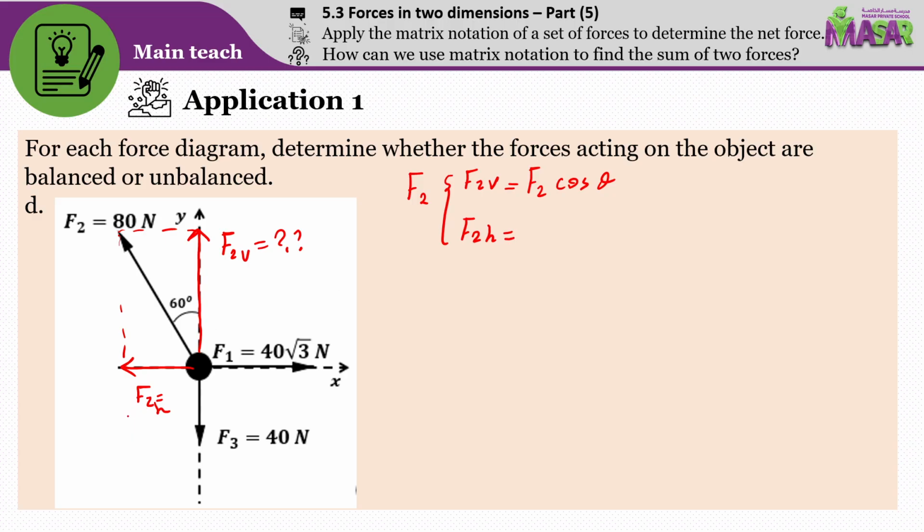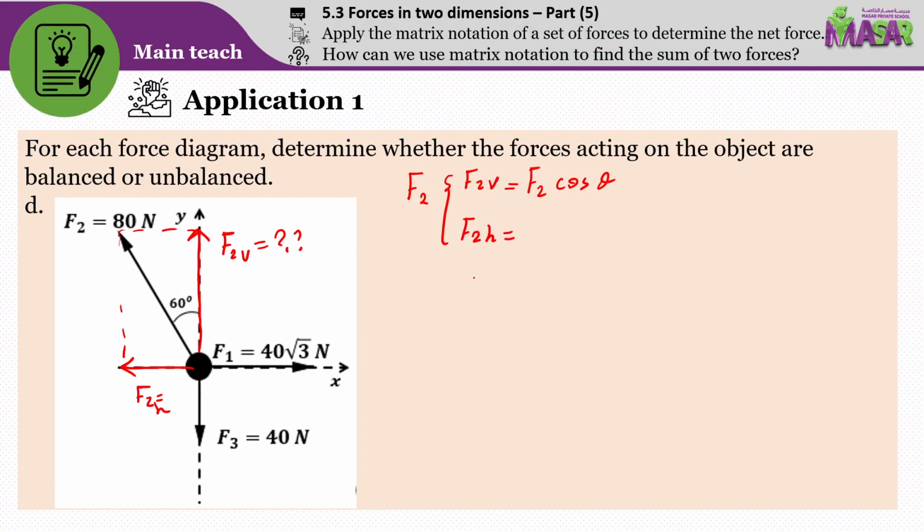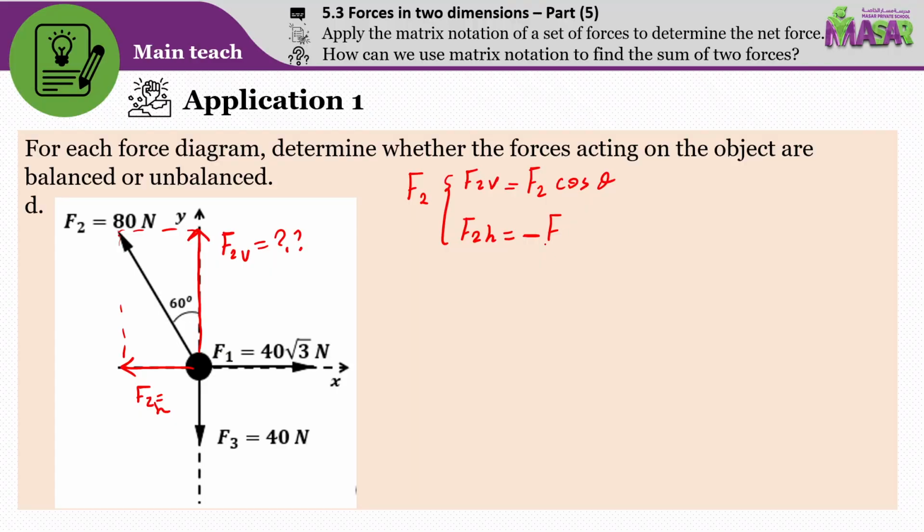Now, for the horizontal component, the direction is to the left, which means we need to add the minus sign. And since we applied the cosine for F2V, now we can apply the sine for F2H.